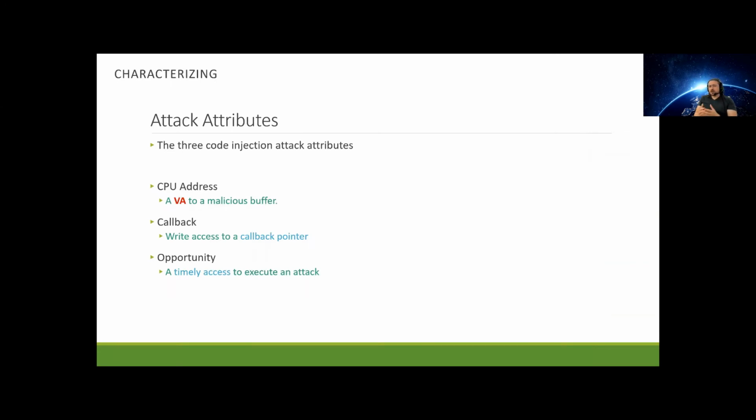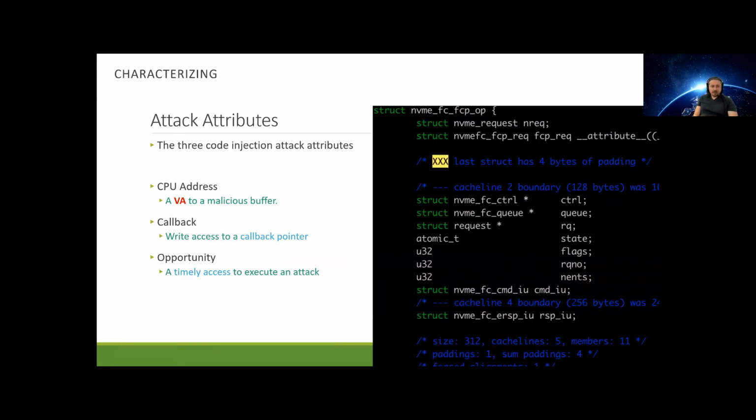Which leads us to the attributes needed for a successful code injection attack. So you need 3 things. You need the virtual address of the malicious buffer. So how do you override this callback? With both read and write access to this page, we can learn the page address, the CPU address of this page, because it's one of the fields.